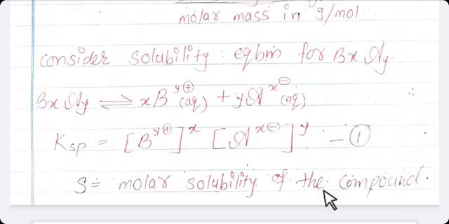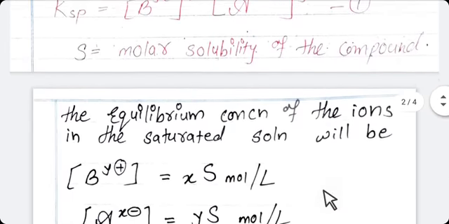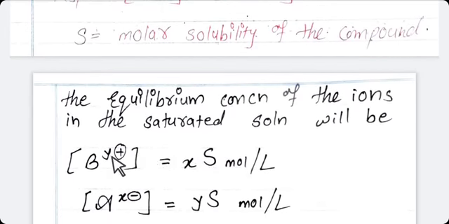Here we suppose S, capital S, is the molar solubility of the compound. So the equilibrium concentration of the ions in the saturated solution will be: concentration of By+ is equal to xS mole per liter, and concentration of Ax- is equal to yS mole per liter.